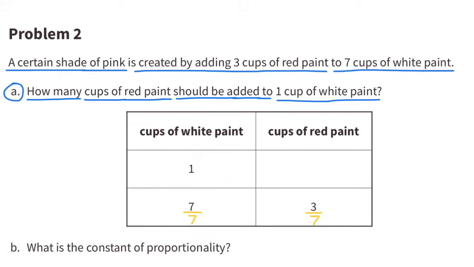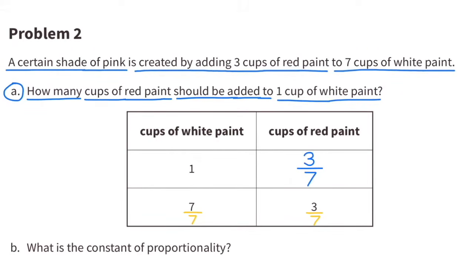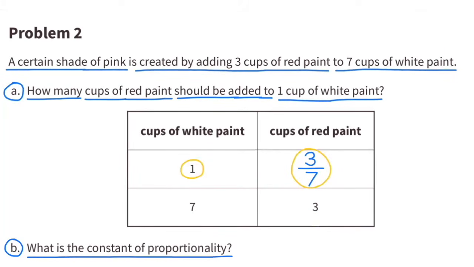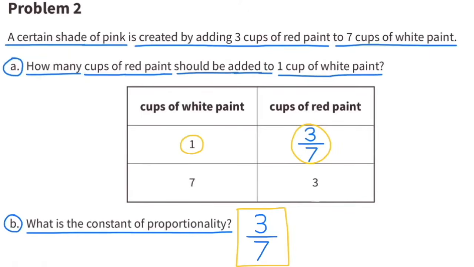And 3 cups of red paint divided by 7 equals 3/7 cups of red paint. B. What is the constant of proportionality? Since there's 1 cup of white paint for every 3/7 cups of red paint, the constant of proportionality is 3/7.